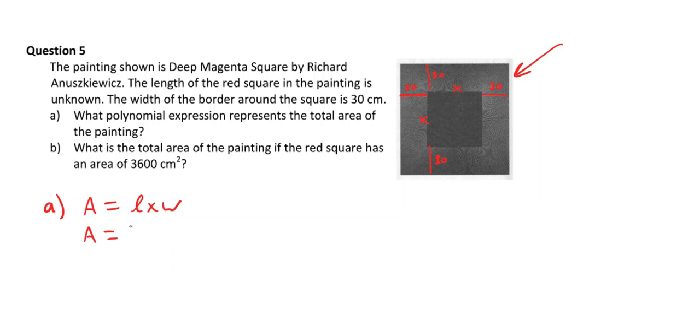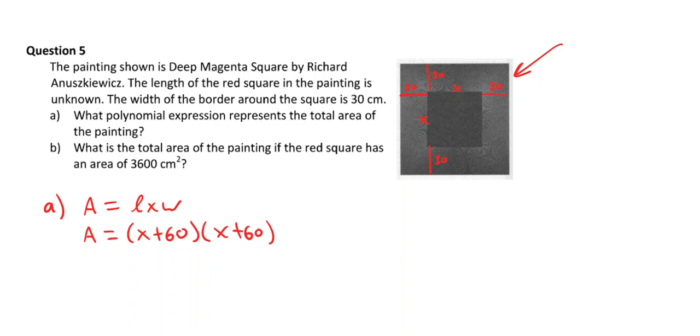So in brackets here, x plus 60. That is my length, going that way. And that's going to be times the height. The height is the exact same: x and then 30 and 30, so x plus 60. There you go. So there is a polynomial expression for the area of our painting.